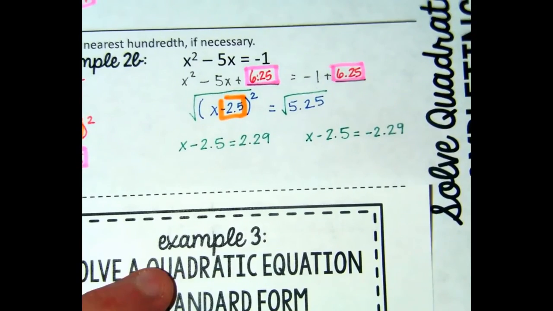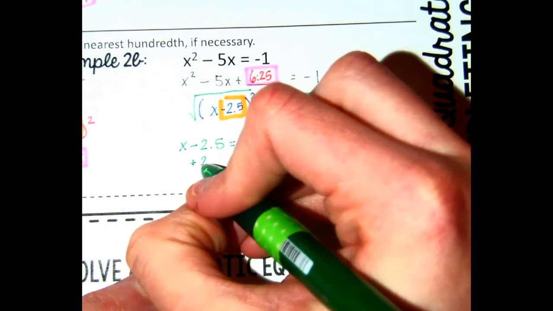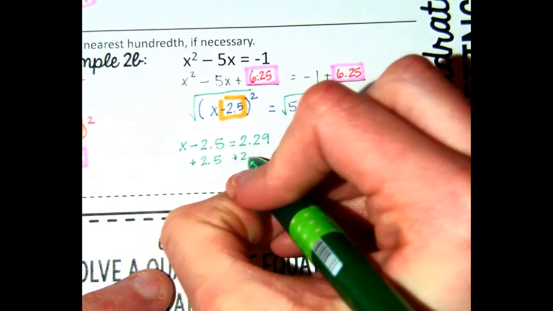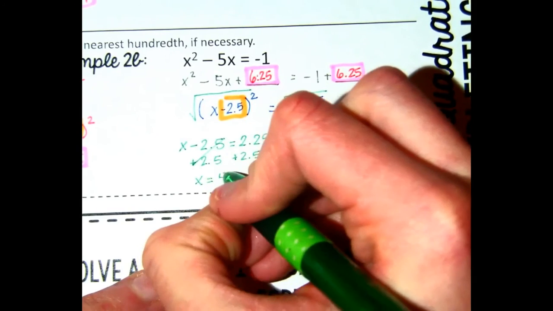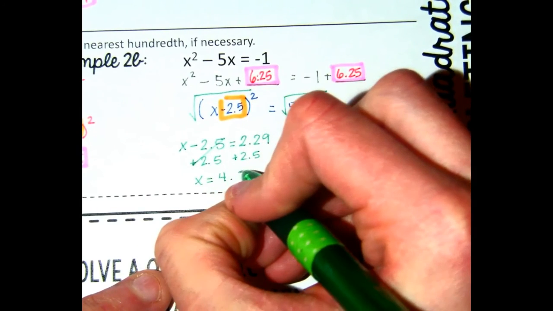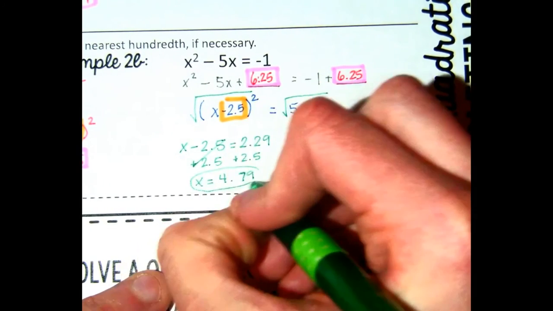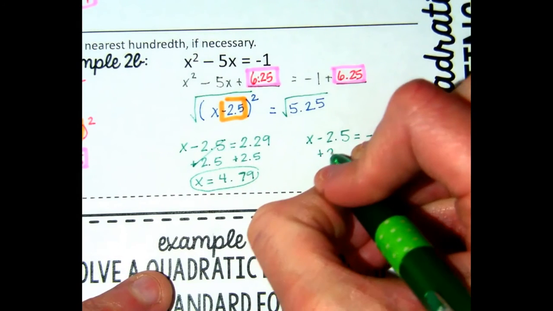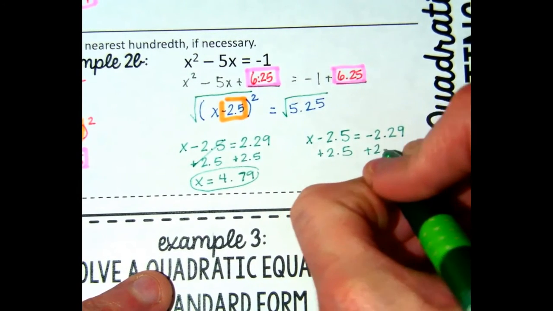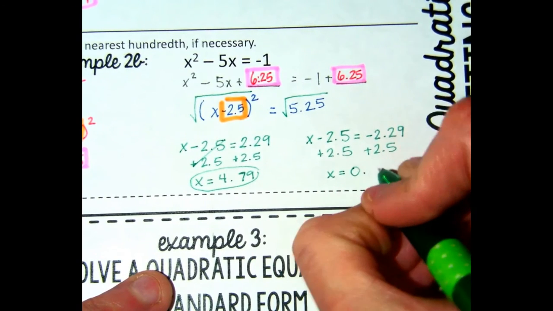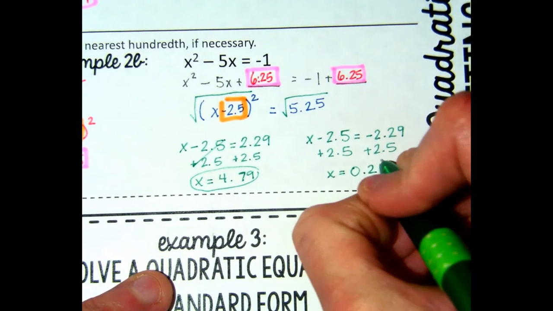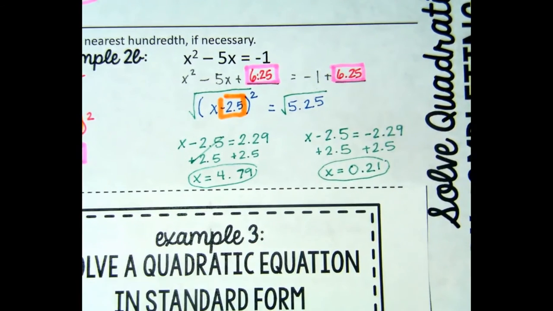What do I do last? X equals, I think, 4.79. Add 2.5. So X equals 0.21.